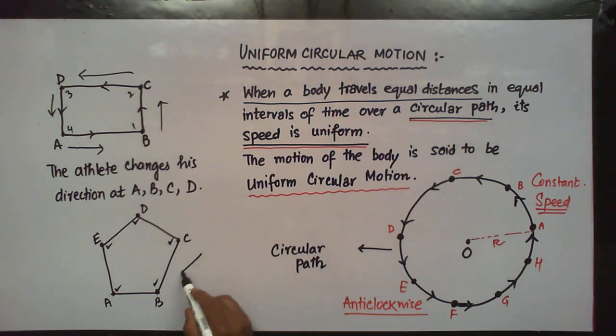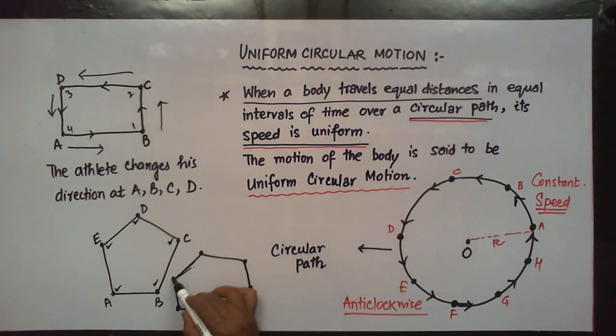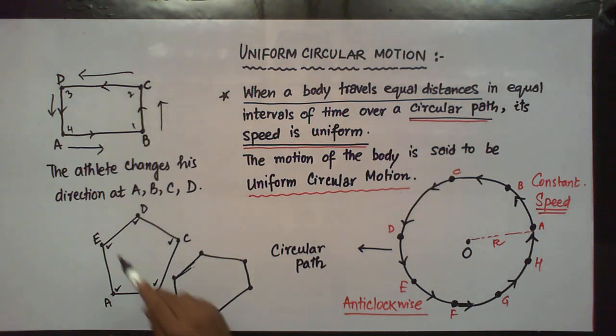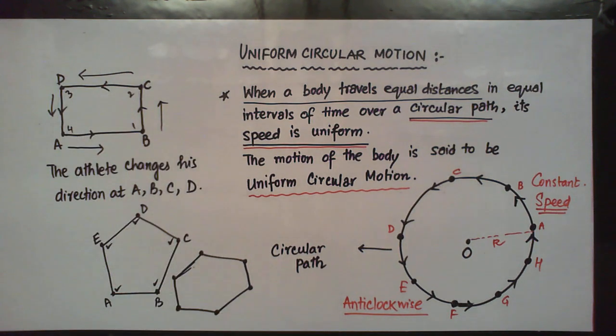Now if we have a hexagonal field, in this condition again he has to change the direction at these vertices. So what do we find? We find that if we keep on increasing the number of sides in a polygon, the person is changing the direction according to the number of sides.